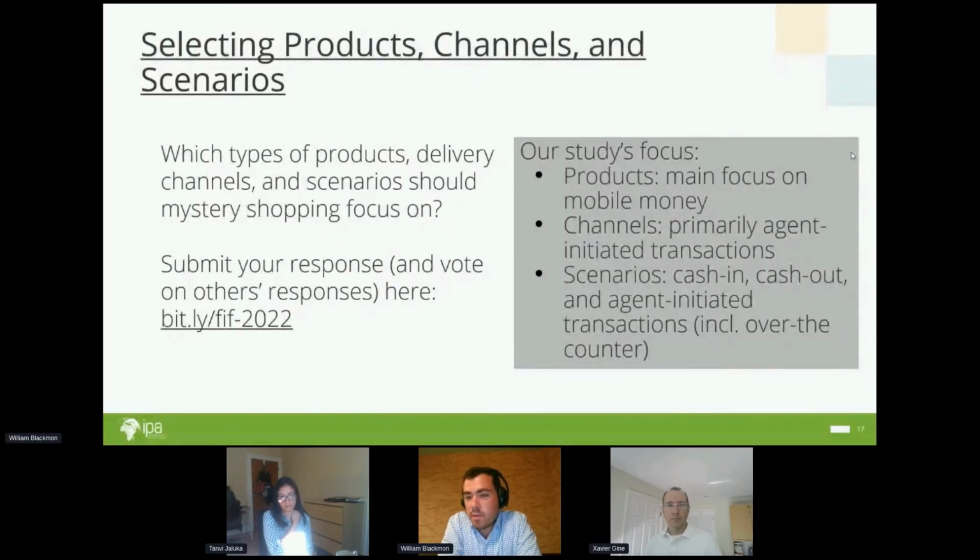The scenarios that we focused on are the most common transactions that people engage in with agents. That's cashing in and cashing out, and agent-initiated transactions, including over-the-counter transactions where cash is given to an agent, and we ask that agent to send that cash to someone else's account. So the TCI was focused on that.